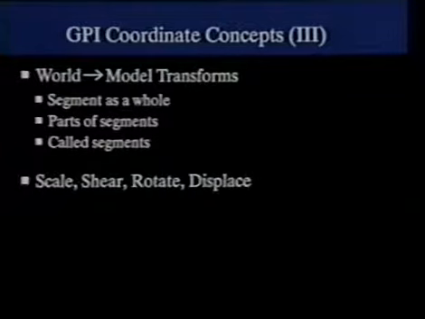World coordinates are those which go into segments or perhaps directly onto the page if you're not storing a picture in segments. The world to model transformation then can involve either a segment as a whole or portions of segments, or may refer to called segments. These transformations are capable of performing scaling, shearing, rotation, and displacement or translation.